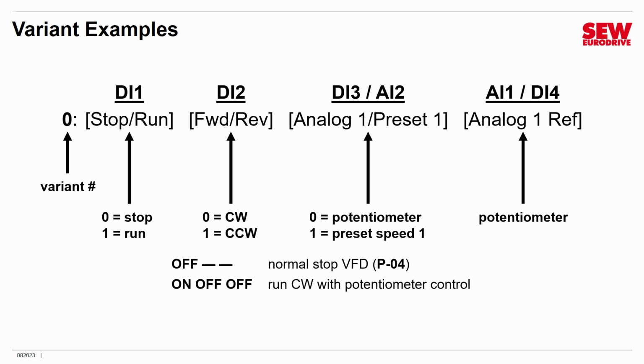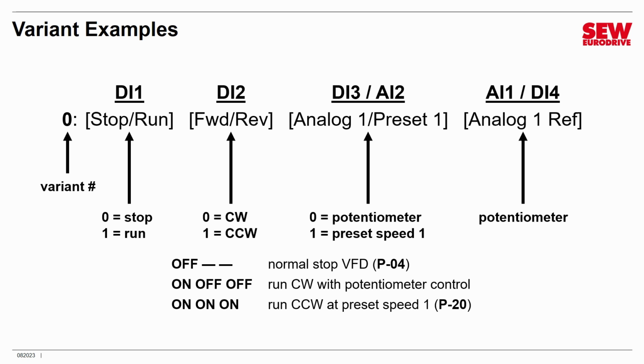So you'll be able to turn that knob and you'll get a full range of speeds between 0 and the maximum. And you'll do this in the clockwise direction. If you turn all the switches on, that will run the drive. It will pick counterclockwise rotation, and it will switch to preset speed number 1, which means the VFD will go to parameter 20 and pull the fixed speed out and run at whatever that speed is.